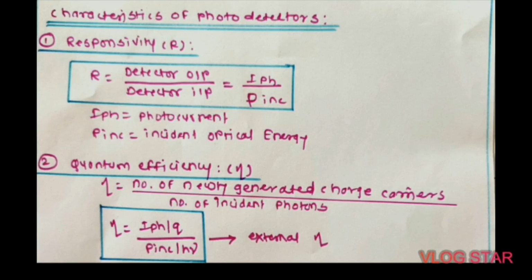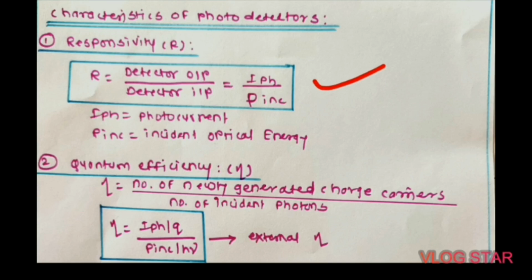Before going to study the types of photodetectors, first we must know the different characteristics of a photodetector. The first characteristic is responsivity. This is the sensitivity of the photodetector and it is defined as the ratio of detector output to detector input.